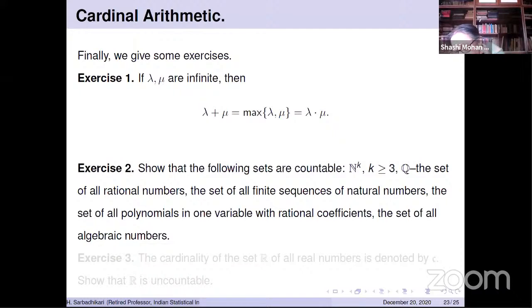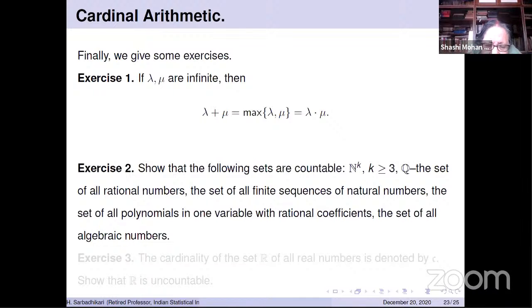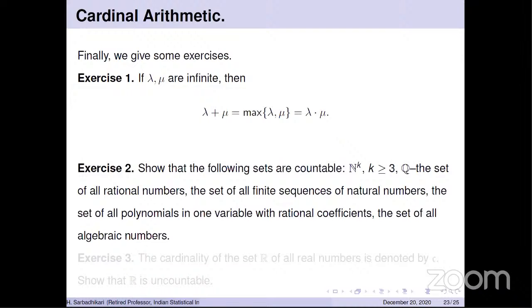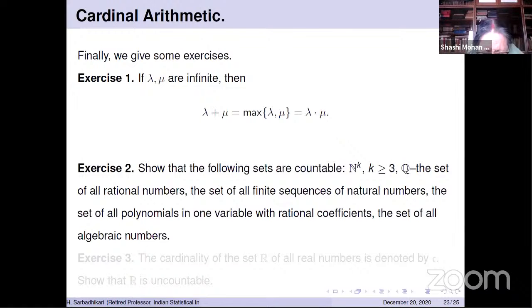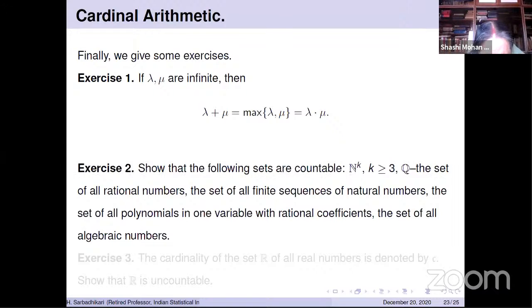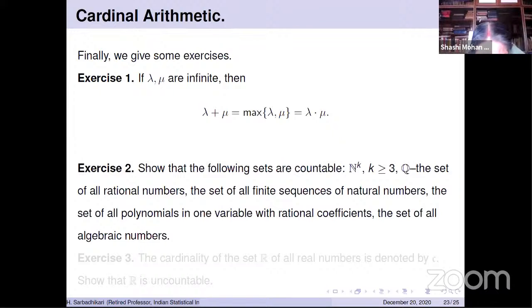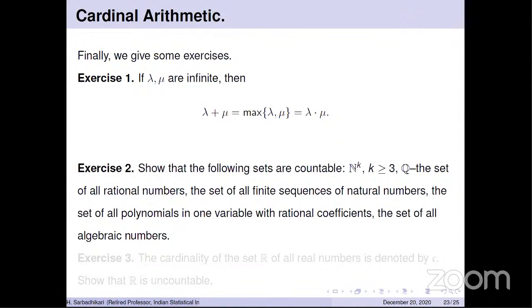The coefficient a0 would belong to the set X, the rational numbers. a1 would similarly belong to capital X, a2 also belongs to capital X, and we can generalize that a_i belongs to capital X. They are just rational numbers.